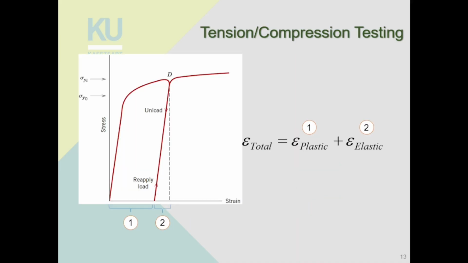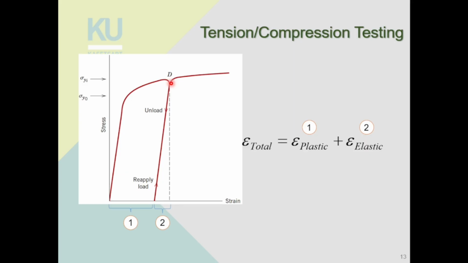Let's have a look at this stress strain curve. If you're applying a stress up to point D here, as you're still pulling on the specimen, the total strain is the elastic strain plus the plastic strain.